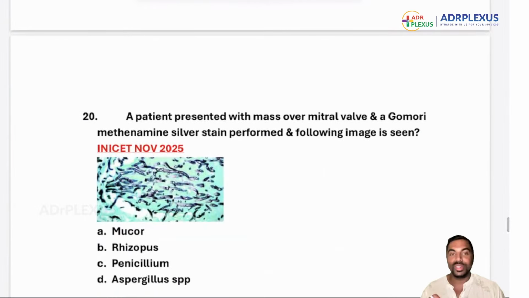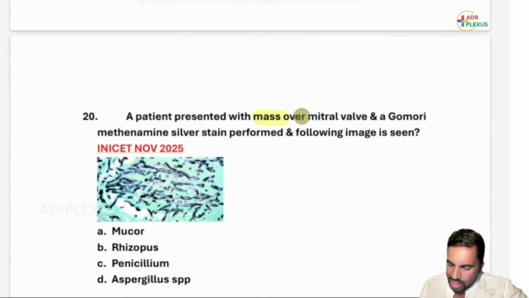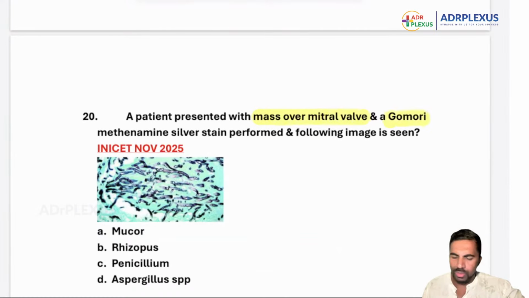This picture, we even drew it. We told you to please draw it, because aspergillus and mucormycosis is one question the examiner's favorite, and they will always ask. A patient presents with a mass over the chest wall. Gomori methenamine silver stain was done, which is usually used for fungus.